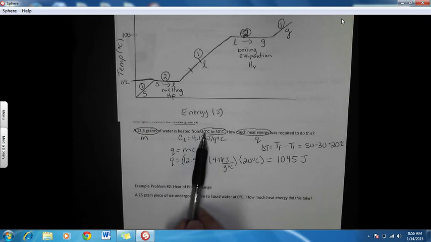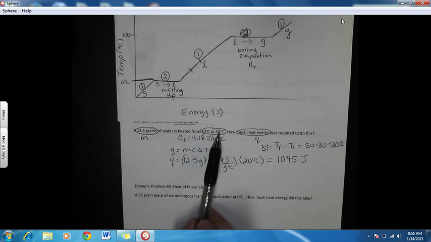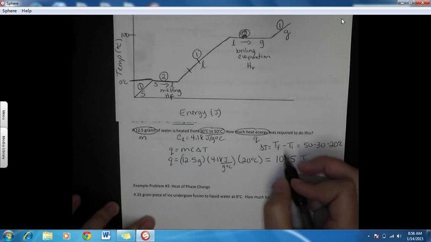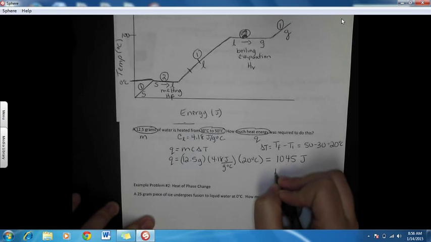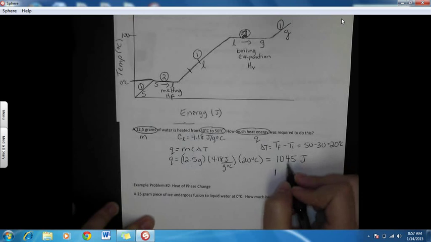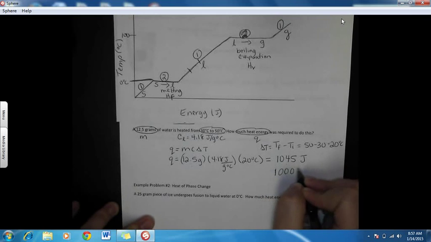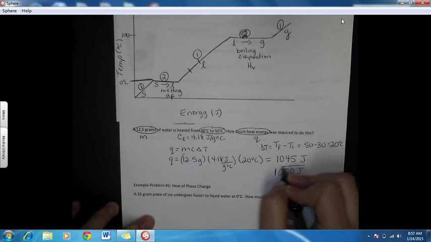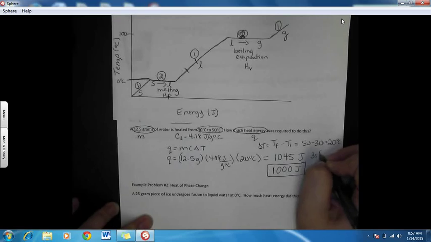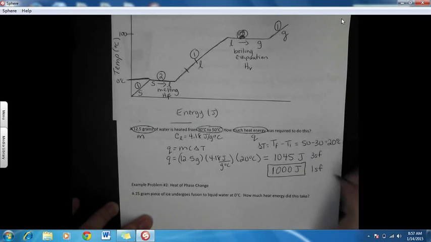And so in this case, we need one significant figure. So how do we round this answer to one significant figure? Well, what's our first digit? Right, the 1. We look to the right. Can I round that up? No. And so then, in order to keep one significant figure, in this case I'm going to have to round down to 1,000 joules, because this number has 3 significant figures, and so now this one only has 1.